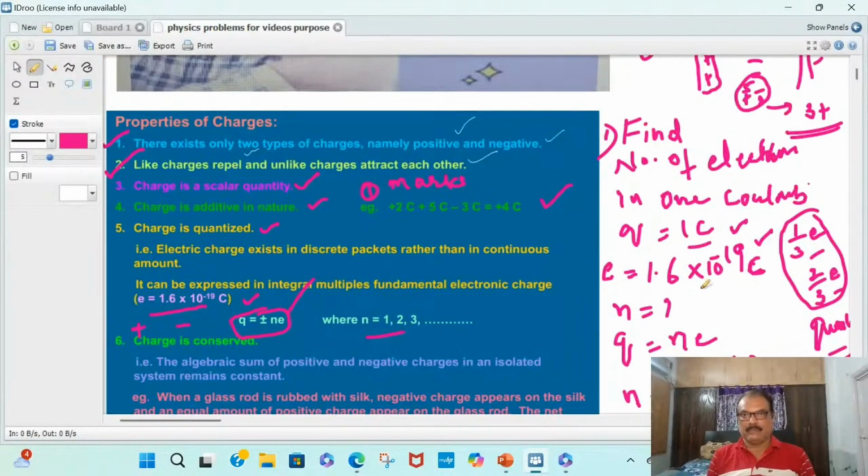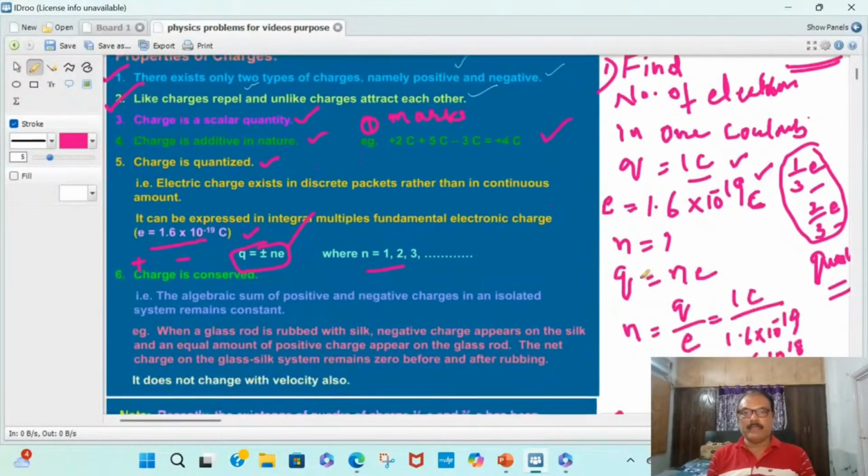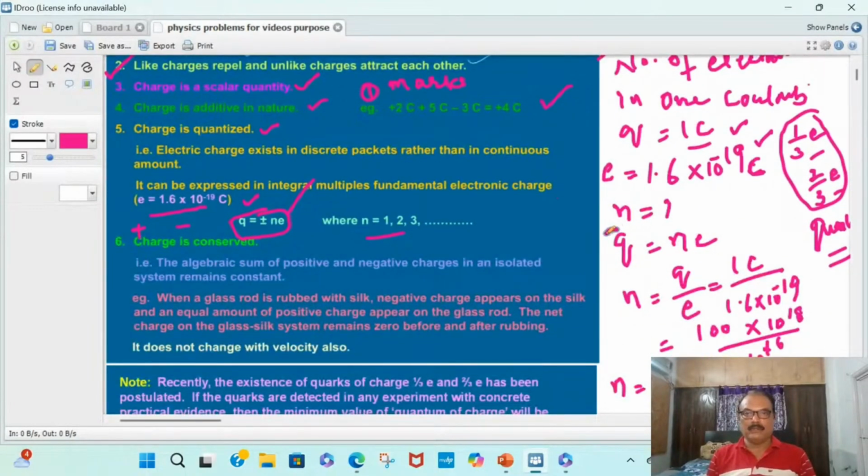If anyone asks, it is a very simple question, use this formula. This is the quantization of charge. According to quantization of charge, the charge on a body is an integral multiple of the smallest charge. So integral multiple means number of protons. He is asking the number of protons.